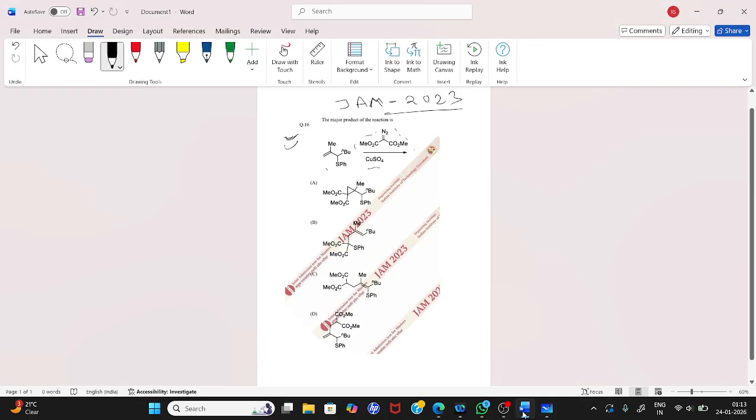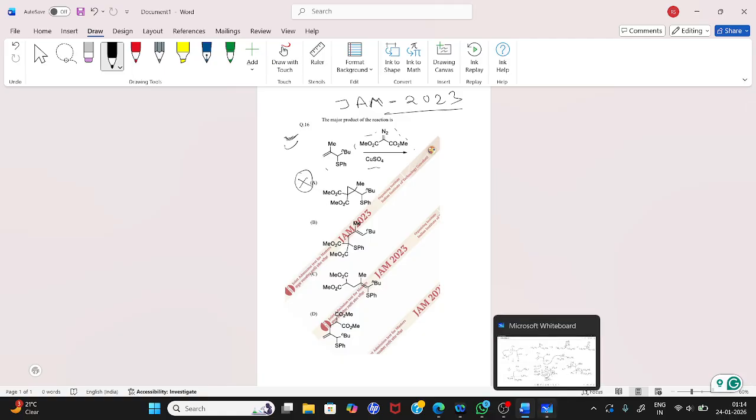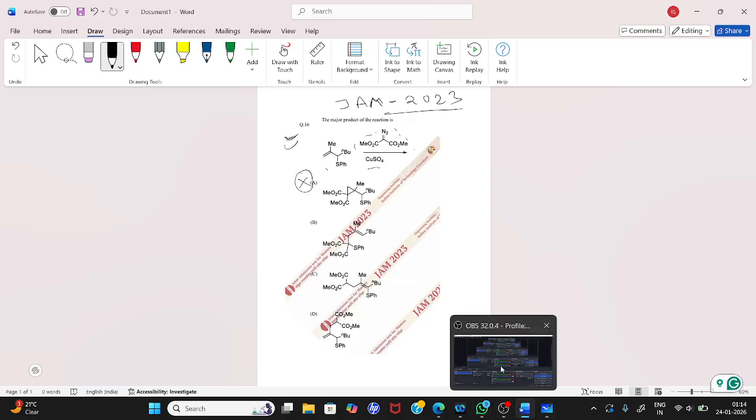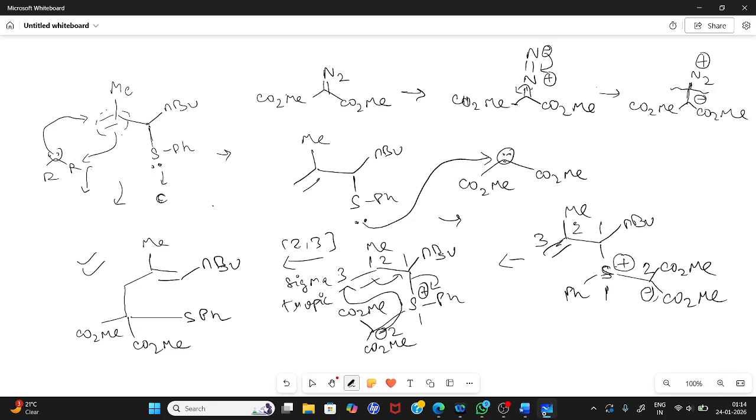So let us take a look at the options. If you look at the options properly, this one is already wrong, as I told you. In this case, direct insertion does not occur. So if you compare with what we are getting, we have the methyl and the butyl group, there is a CH2 spacing, and CO2Me, CO2Me, and S-Ph.